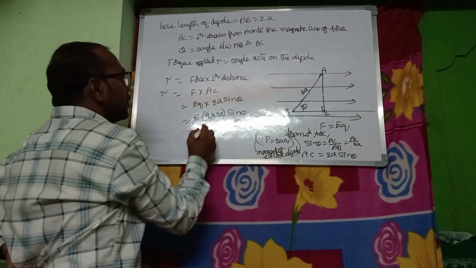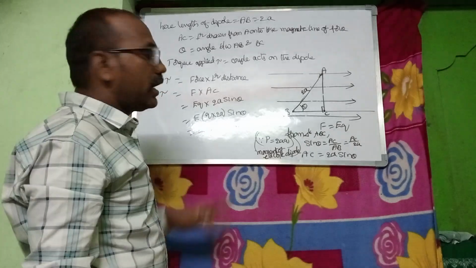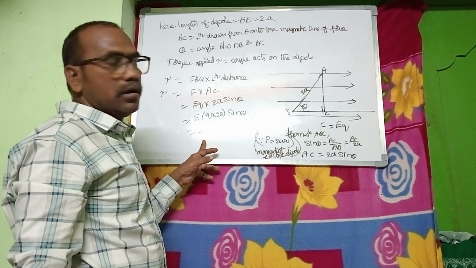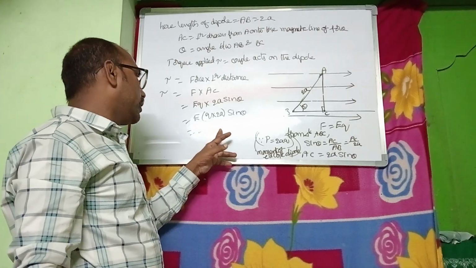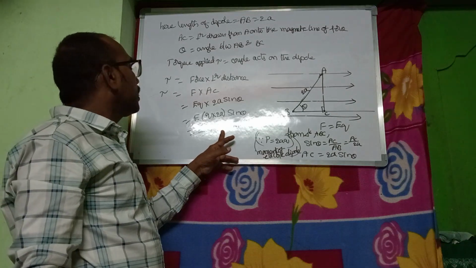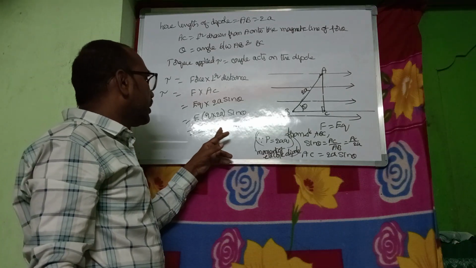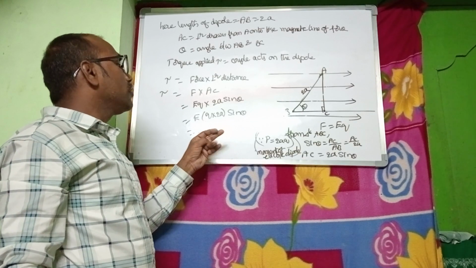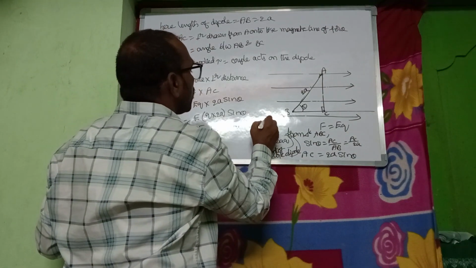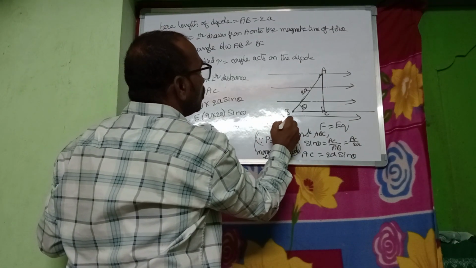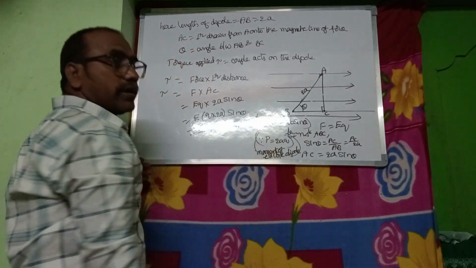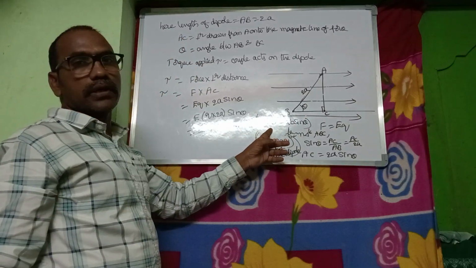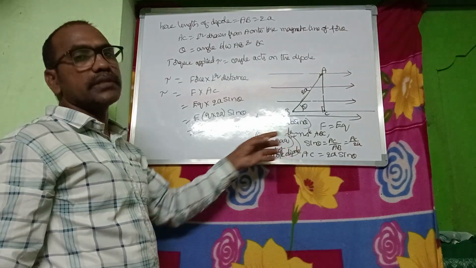So E bar cross P bar, here EP sin theta. E is the intensity of electric field, a vector quantity, P is the electric dipole moment, a vector quantity, sin theta. We know A bar cross B bar equal to AB sin theta. A bar is a vector, B bar is a vector, then the cross product of A bar and B bar equal to AB sin theta.